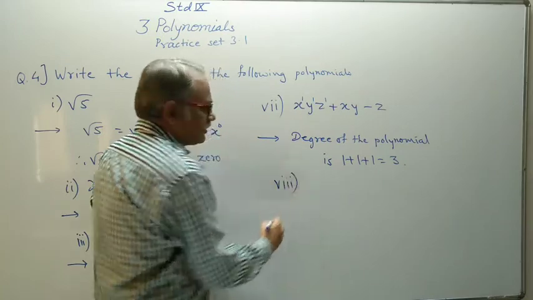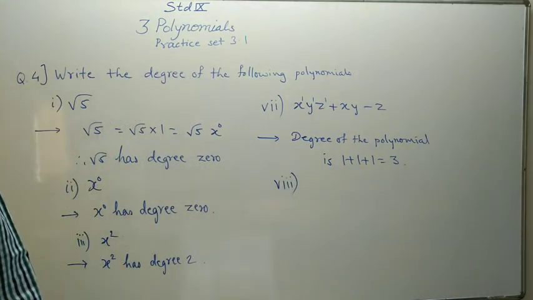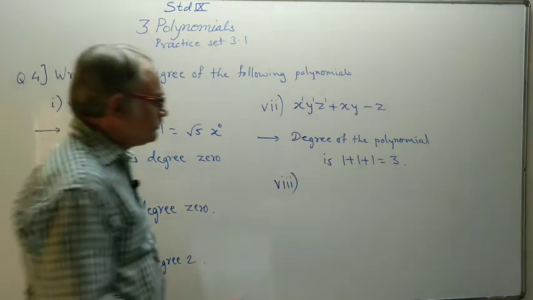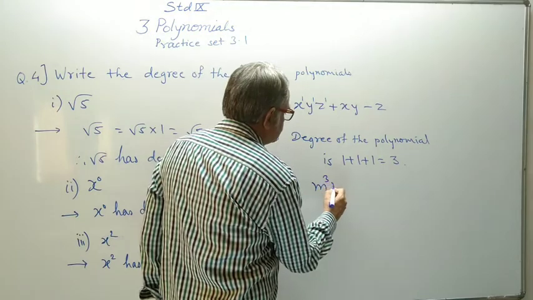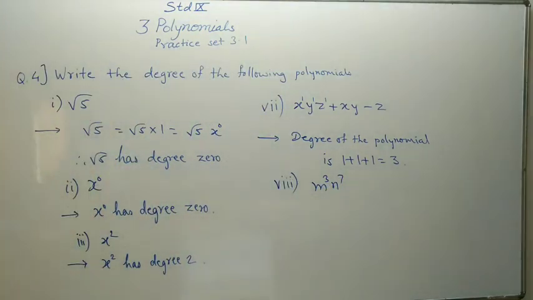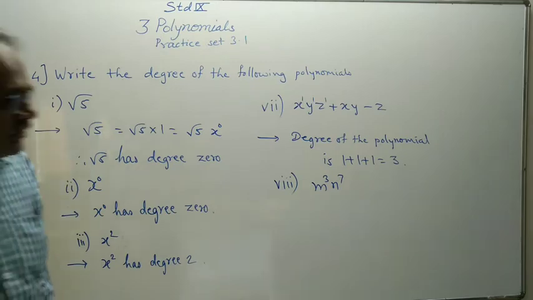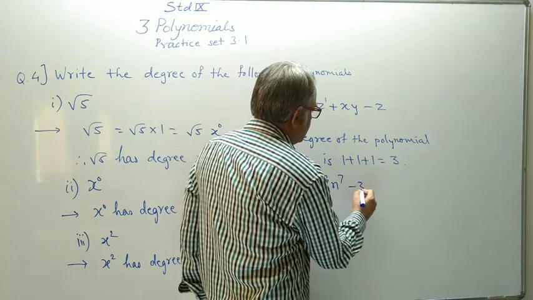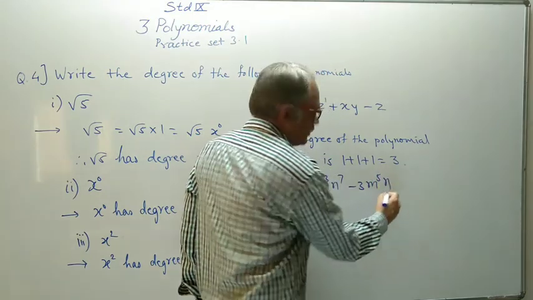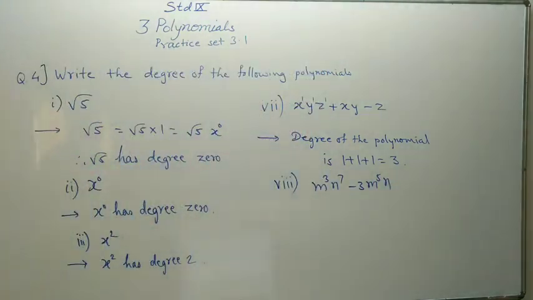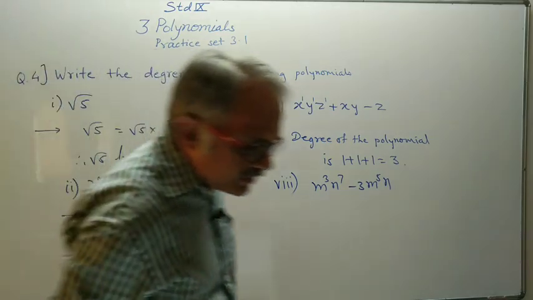The 8th: m cube n raised to 7 minus 3 m raised to 5 n plus mn.